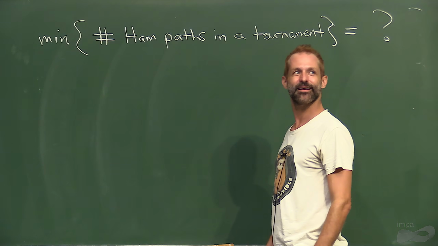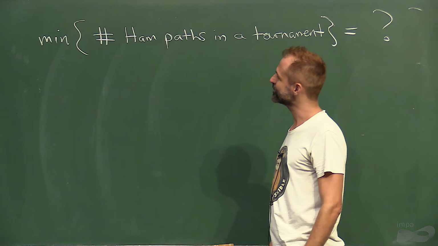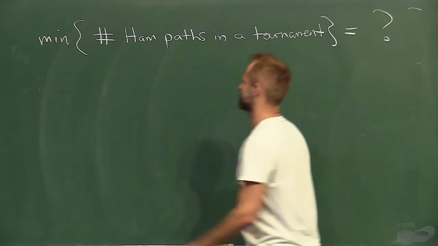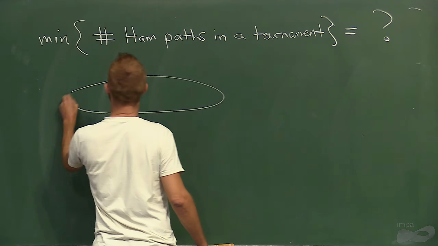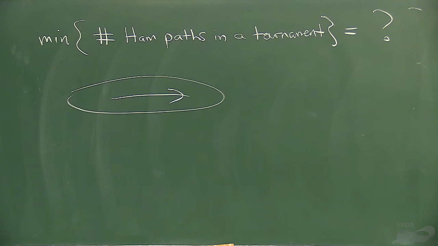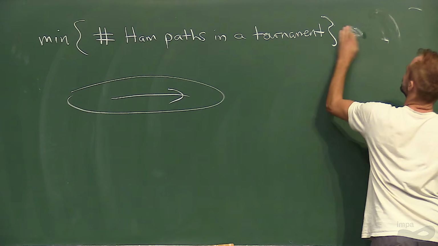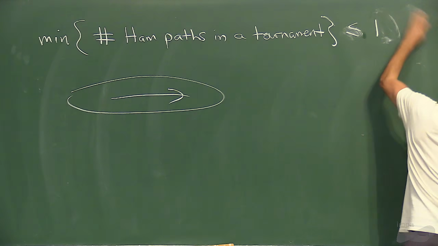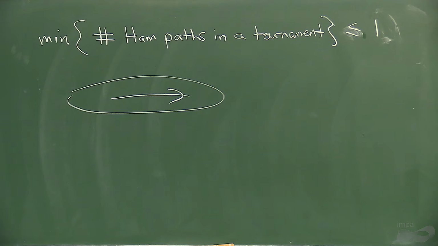In a transitive tournament, which means everyone goes from left to right, there's 1. So maybe there's 0. We haven't proved if there's 1 or 0, but it's pretty small. So at most 1. Maybe exercise: decide if it's 0 or 1. So that wasn't such a great question, perhaps.